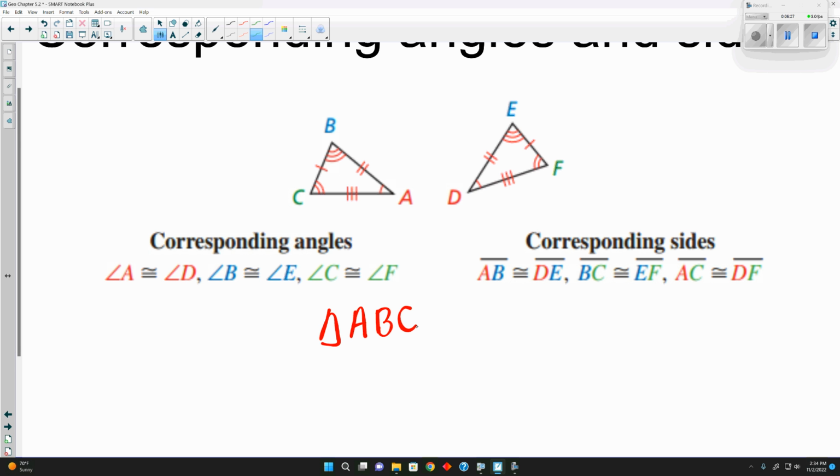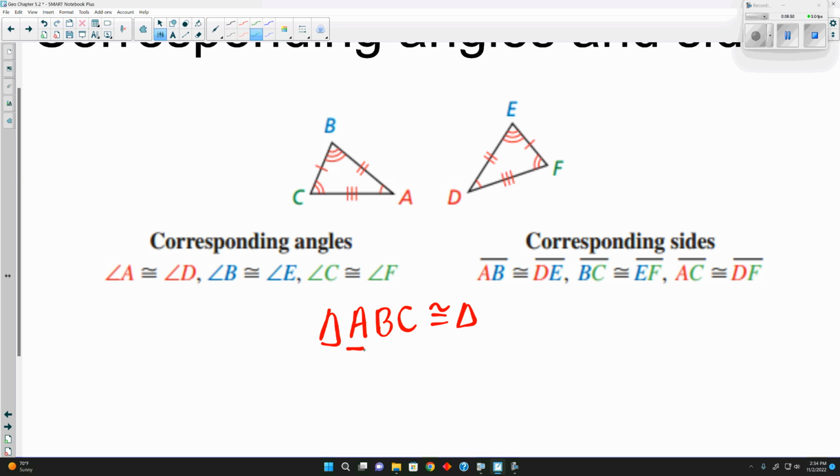We'll name it by the vertices, so we can say ABC. We could say CBA. We can do BAC or BCA. It doesn't matter how we name the first one. But we can say that this triangle is congruent to triangle... Well, what letter did we start off with the first one? A. What angle is A congruent to?